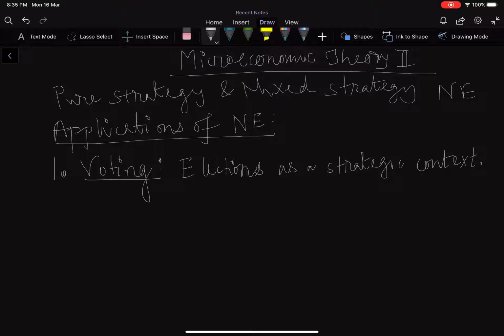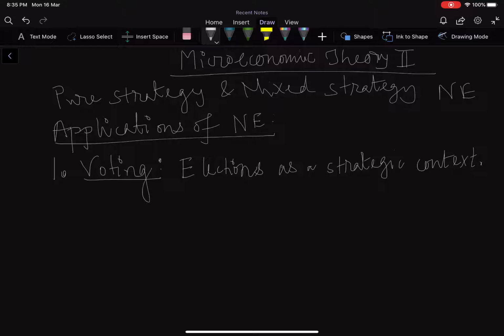So, but different voters in the same constituency have different opinions or preferences over policies. And so, candidates have to decide what policy to announce, and depending on what policies different candidates announce, voters vote for one candidate over the other.